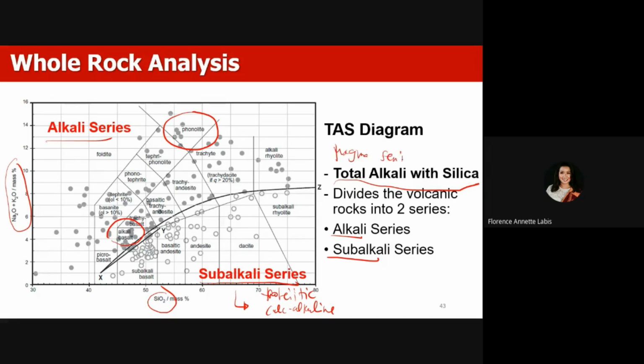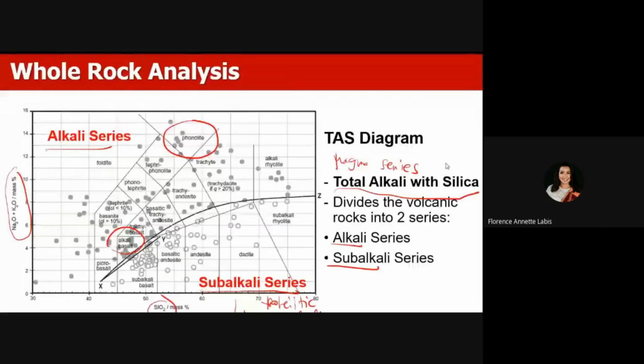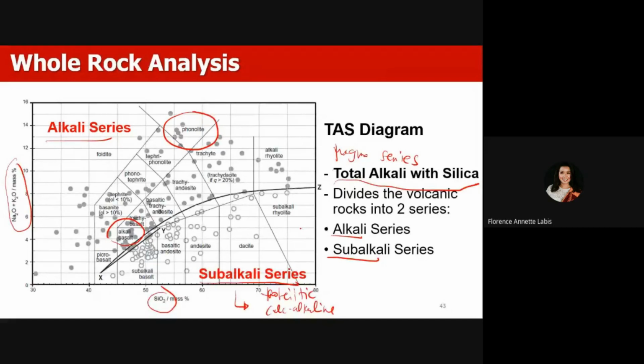Now if you're going to ask me, why, ma'am, if we analyze volcanic rocks, can we get the magma composition? Always remember that your volcanic rocks are very fine grained, right? It is not slow cooling. It basically represents the melt composition of your magma.